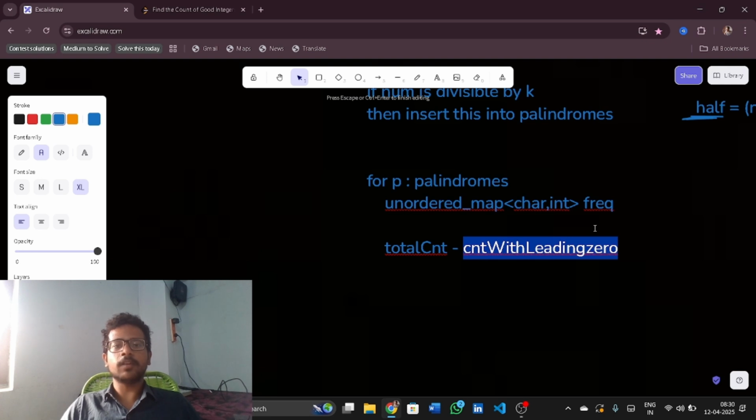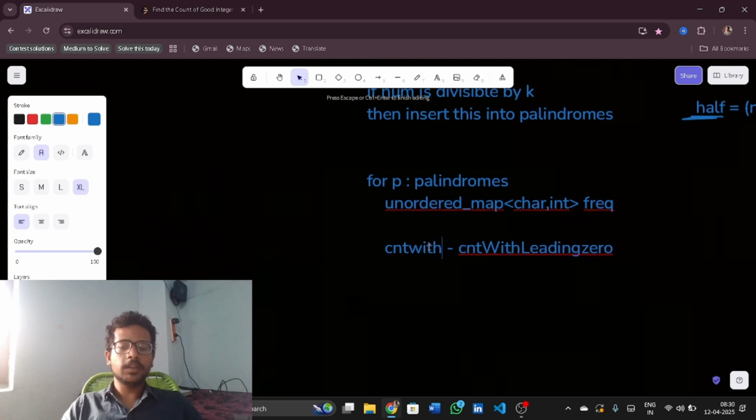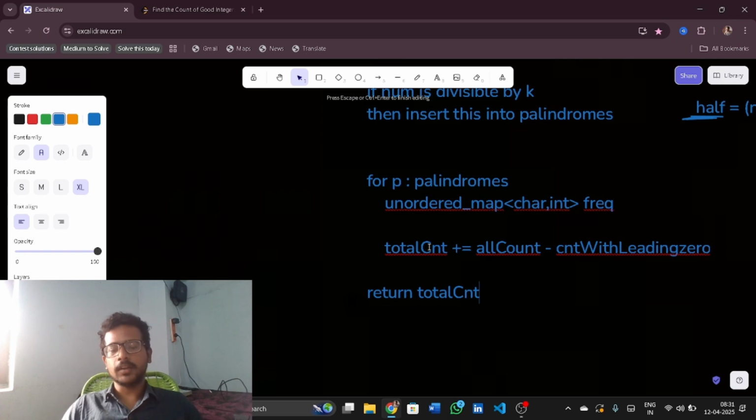Just the variable names have changed, but the approach is the same. The total count is all count minus count with leading 0, and at the end I return the total count.